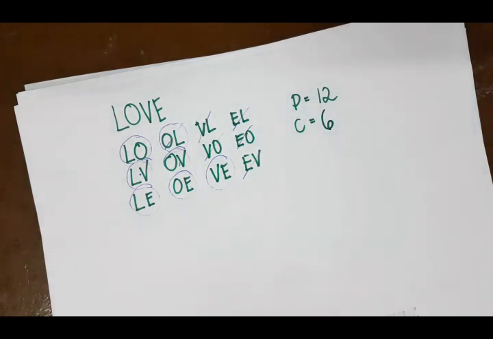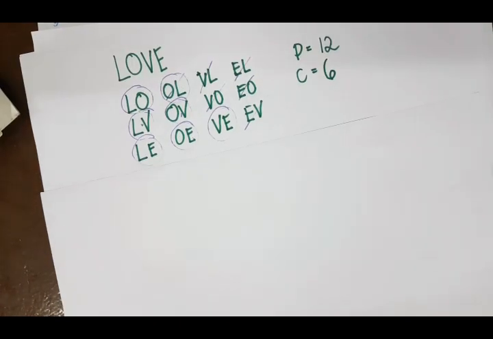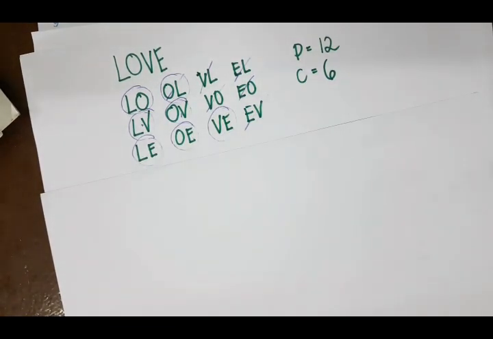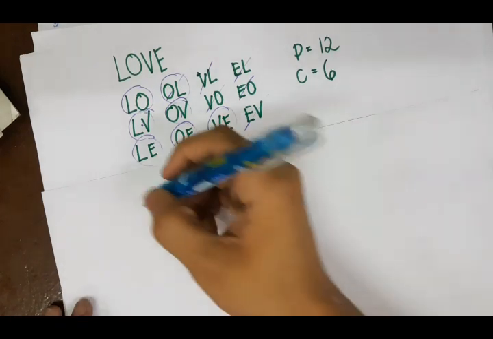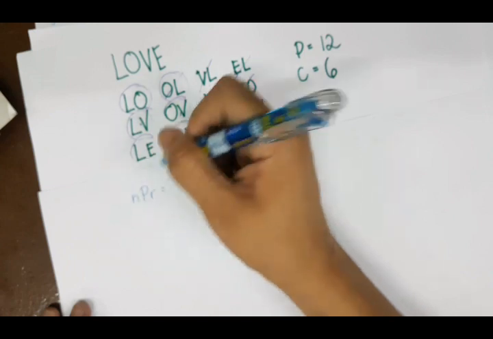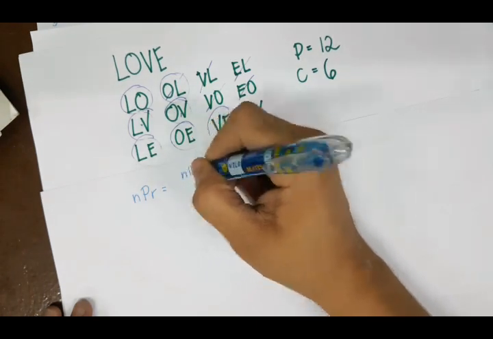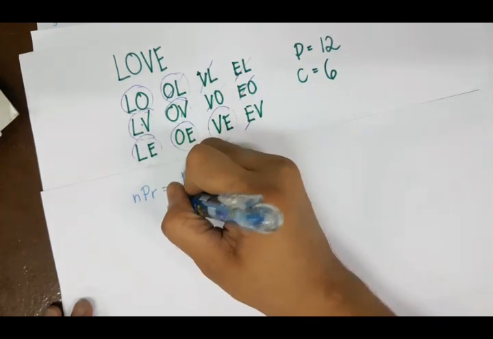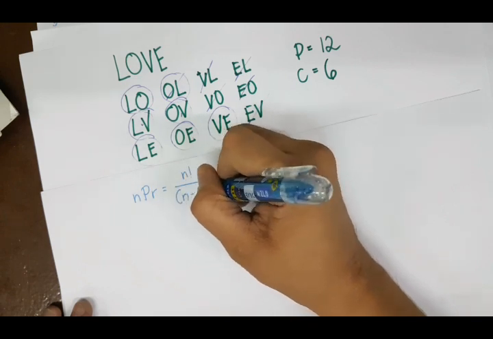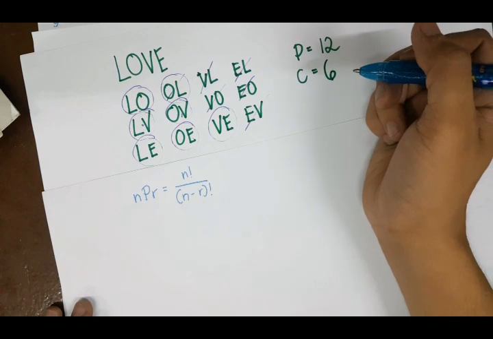Is there any other way to solve this problem easier? So the other way to solve for this permutation is by using this formula. nPr is equal to n factorial over n minus r factorial.